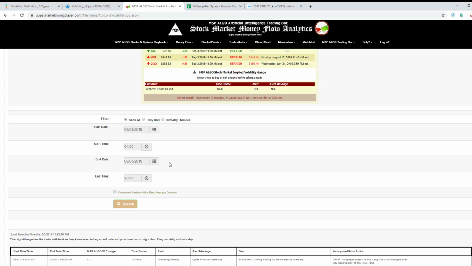Okay, so the MSP ALGO application is doing analytics on the stock market every 10 minutes. So what that means is that every 10 minutes it will analyze price action and give feedback to the trader. Okay?